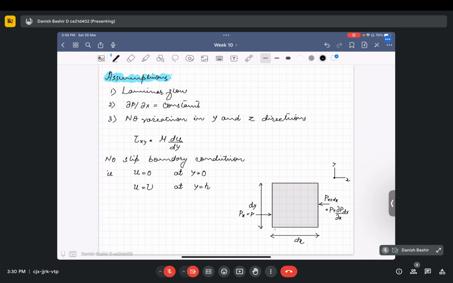And if shear stress tau yx is acting along this face, it will have a variation, an addition along the y-axis: tau yx plus dou tau yx by dou y times dy.